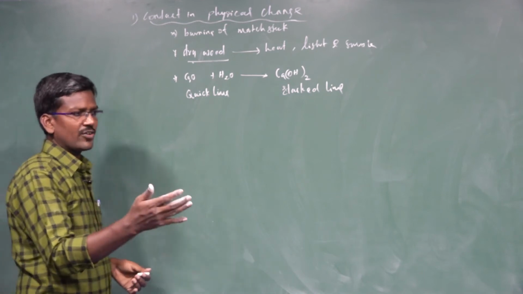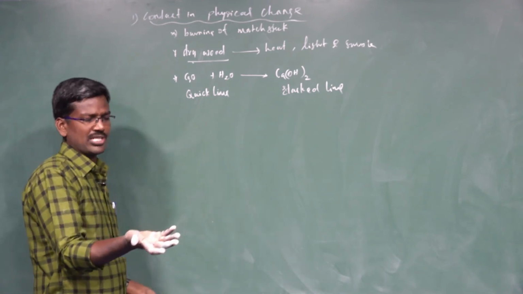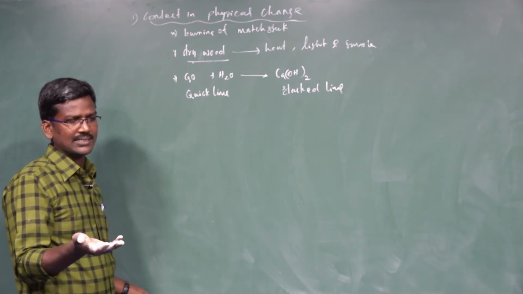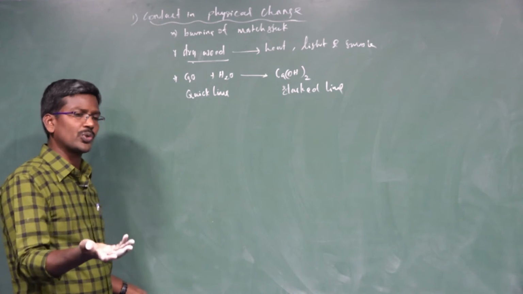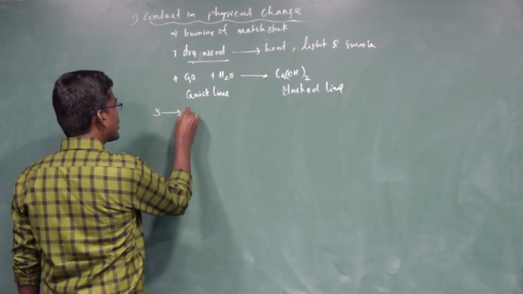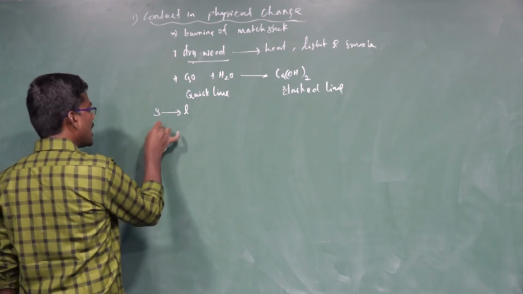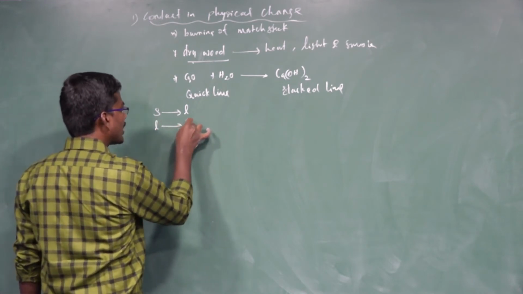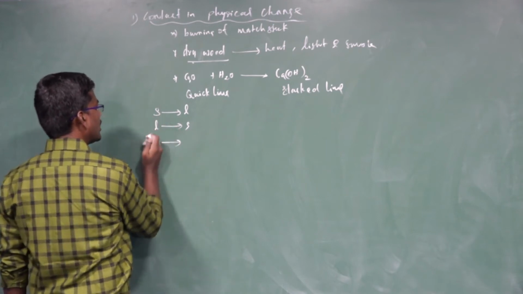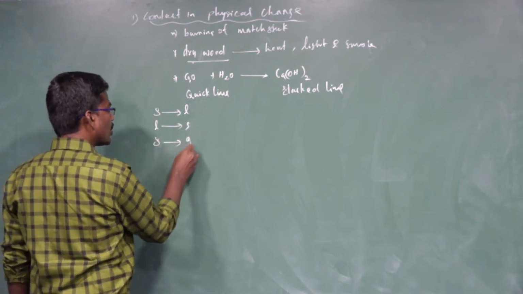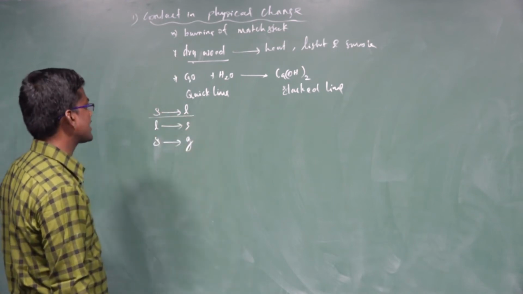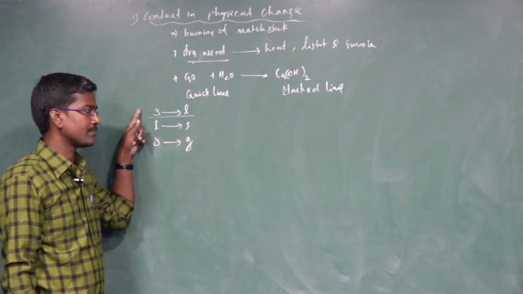So physical state changes. Solid can be converted to liquid, liquid can be converted to gas, or solid directly converted to gas without liquid. Solid converted into liquid is known as melting or fusion.